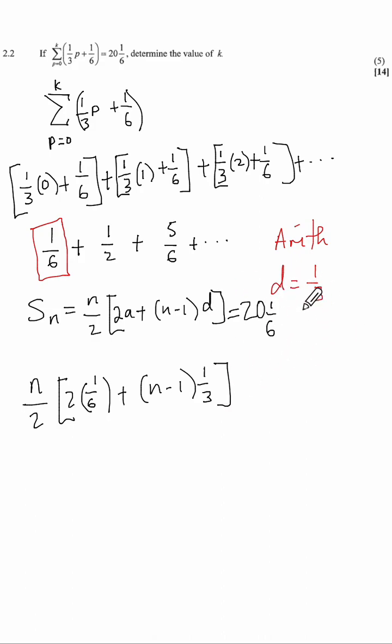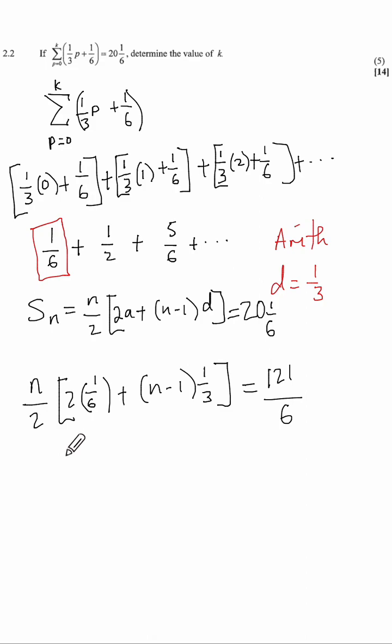When we were testing whether it's arithmetic or geometric, we found the common difference was 1/3. And we know this sum should give us 20 and a sixth. If I convert 20 and 1 over 6 to an improper fraction, 6 multiplied by 20 is 120, plus 1, 121. So it will be 121 over 6.